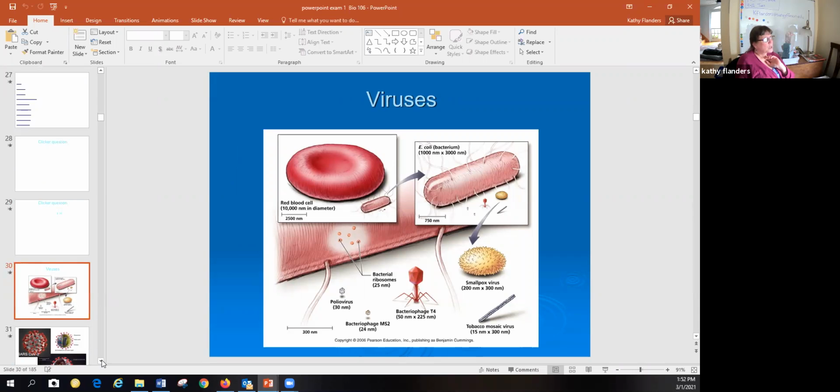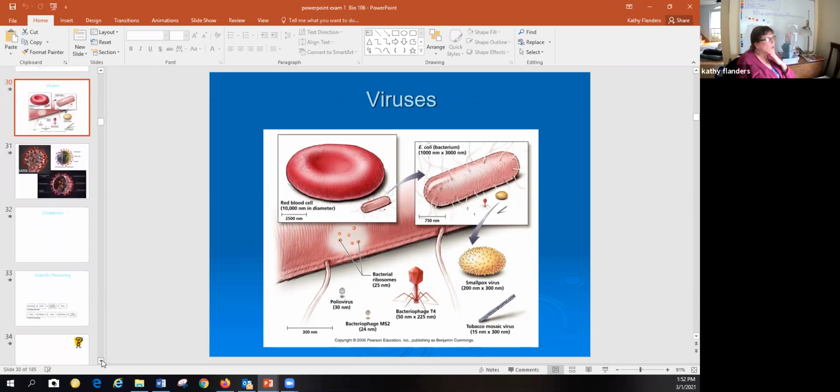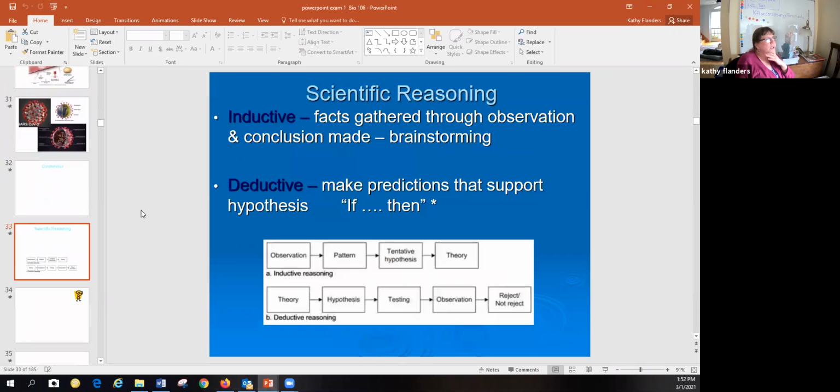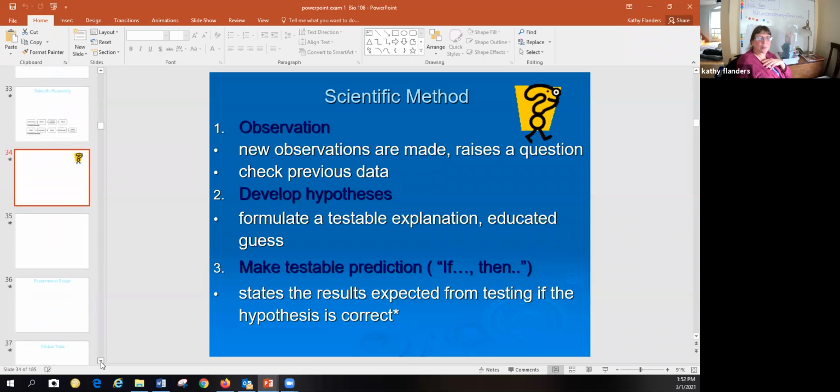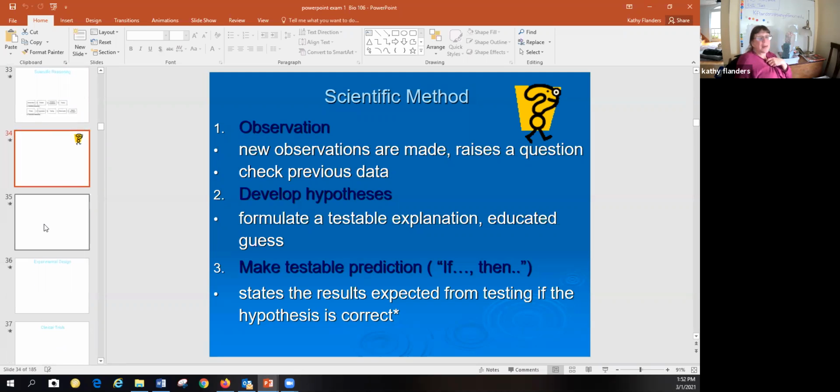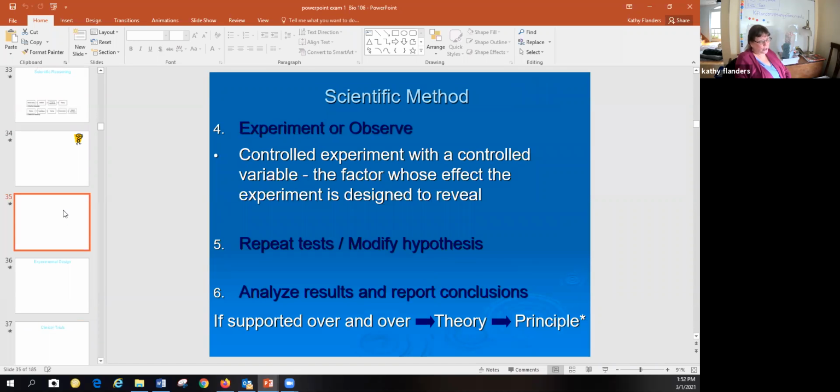This was when we talked about coronavirus. And we talked about scientific reasoning, and we talked about developing hypotheses and them being testable hypotheses, right? We should be good at that now. We got to experiment and observe.